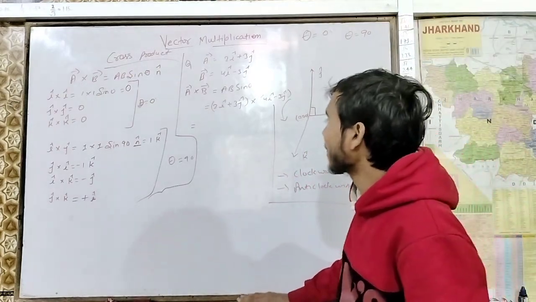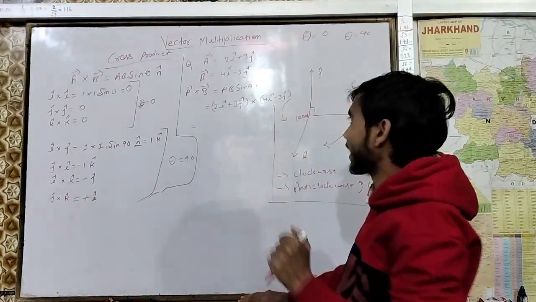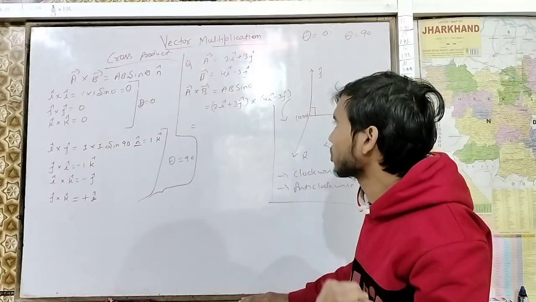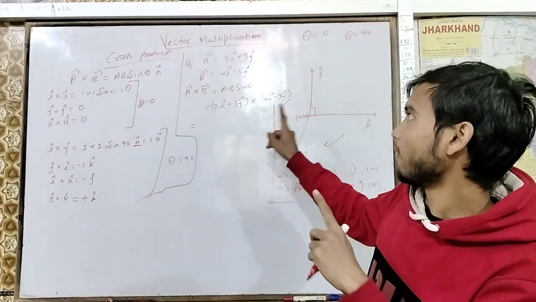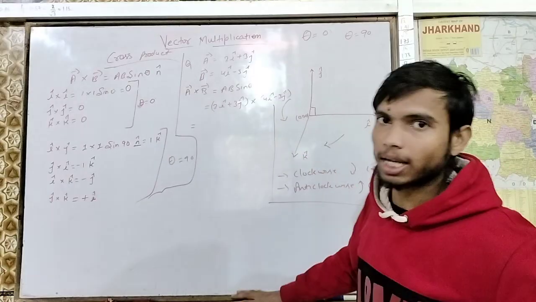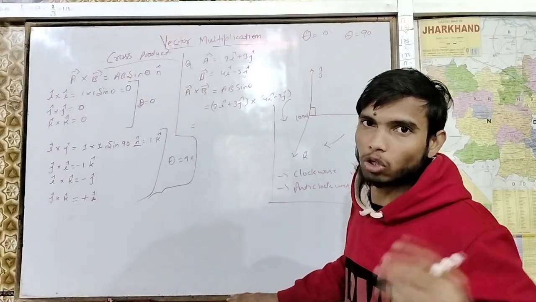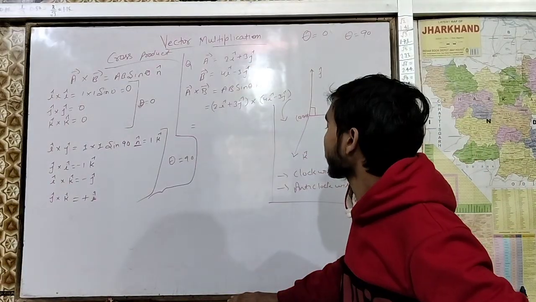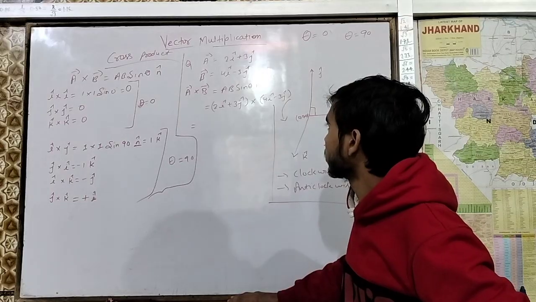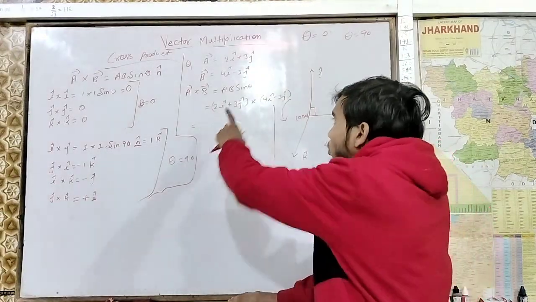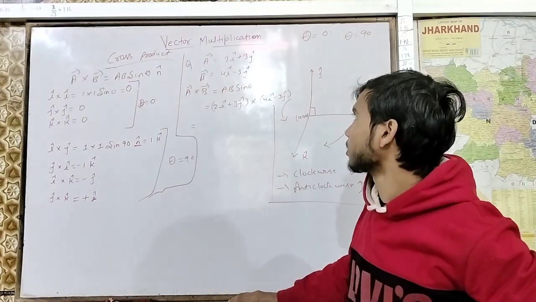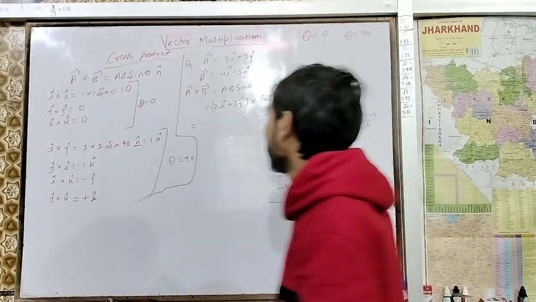So I cap cross I cap is 0. That's why we can ignore the same vector, because our result is going to be 0. Instead, you can take the different vector: 2I cap and 3j cap.